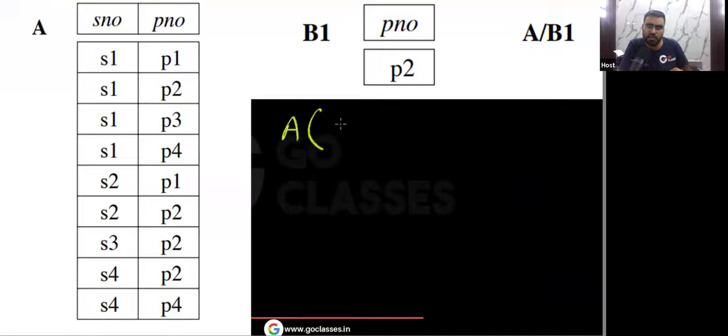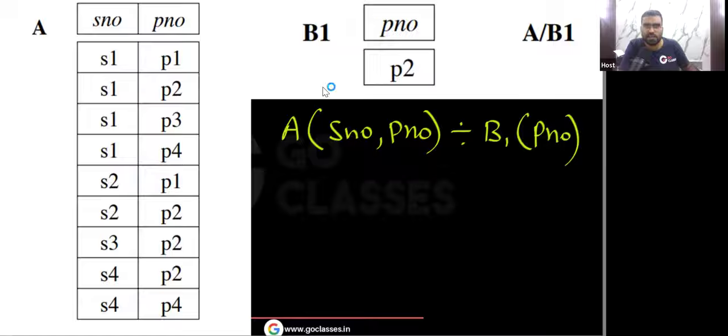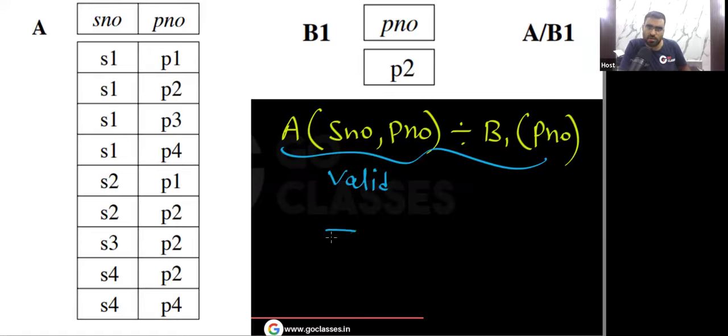See, in A you have two things. One is S number, another is P number. Divided by B1, which has P number. First of all, is this valid? Let me know. Yes, this is perfectly valid. Okay, the output will be what? The output will contain only S number.